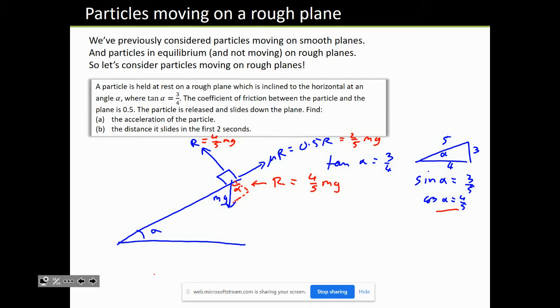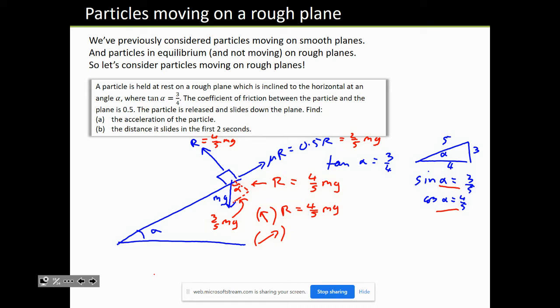So let's just consider the perpendicular to the plane components of the forces here. We already did, so we got that R equals 4/5 mg. Now, if we look at the parallel to the plane components, this component here is going to be equal to mg sine alpha. Now, sine alpha is 3/5, so this is going to be 3/5 mg.